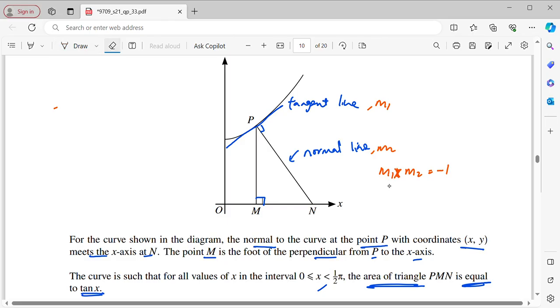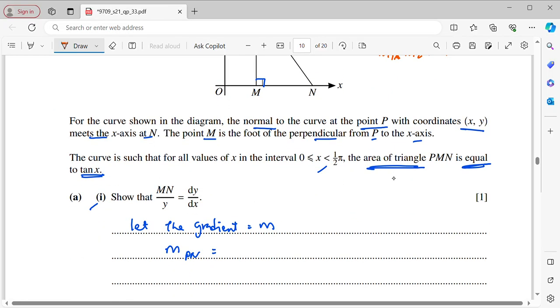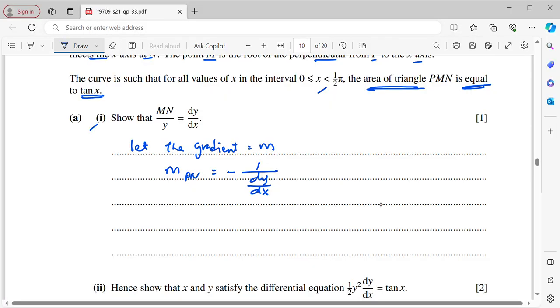That means now I will write m of PN, which is the gradient of the normal, is negative 1 over the gradient of the tangent. It is negative 1 over dy over dx, because our dy dx is the gradient of the tangent. So from here, your dy dx, I will just remain this first.